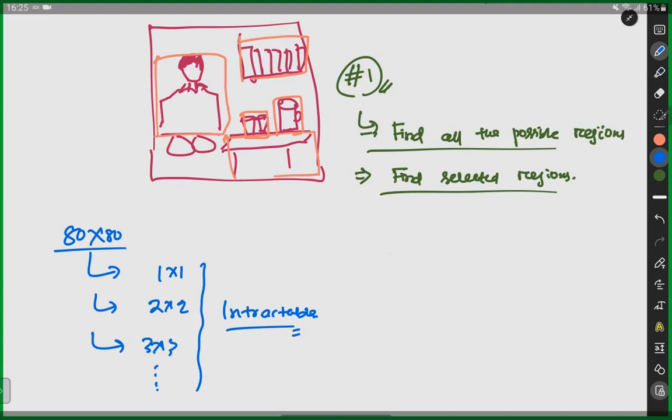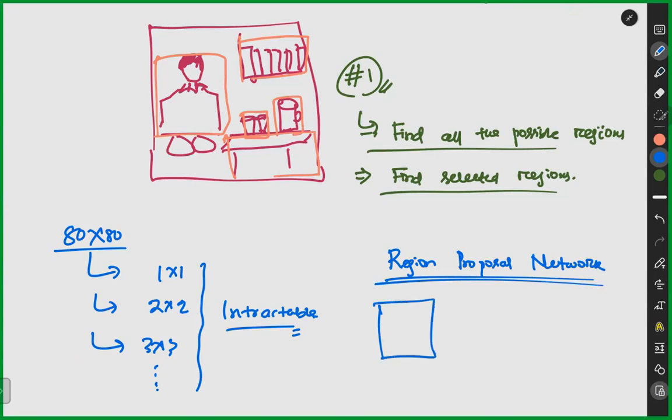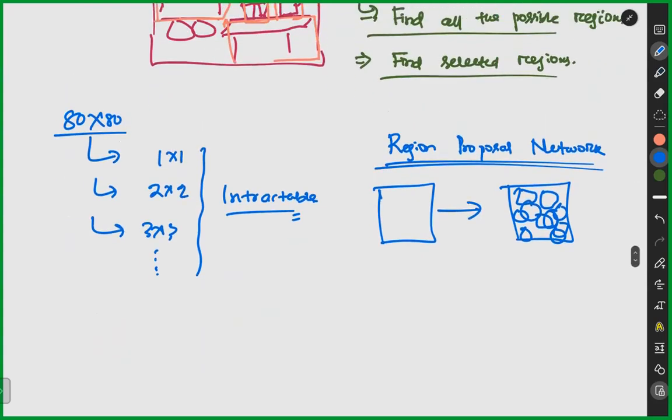So that's why we use a region proposal network. What a region proposal network does is that it takes an image as an input, and in the output it gives proposals of regions, using numbers, where the network thinks an object might be present.